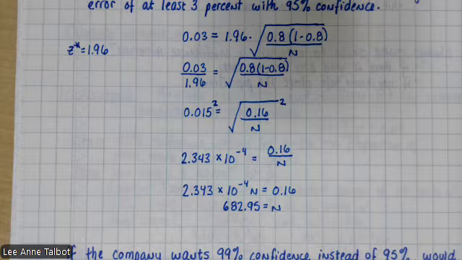So what you do is you just take whatever this is and round it up, because you need the next whole number up to make that less than or equal to work. So you solve this like it's equals, even if you come out with 682.0000000000000001, you would still round it up to 683 because you're stating the minimum sample size that will work.